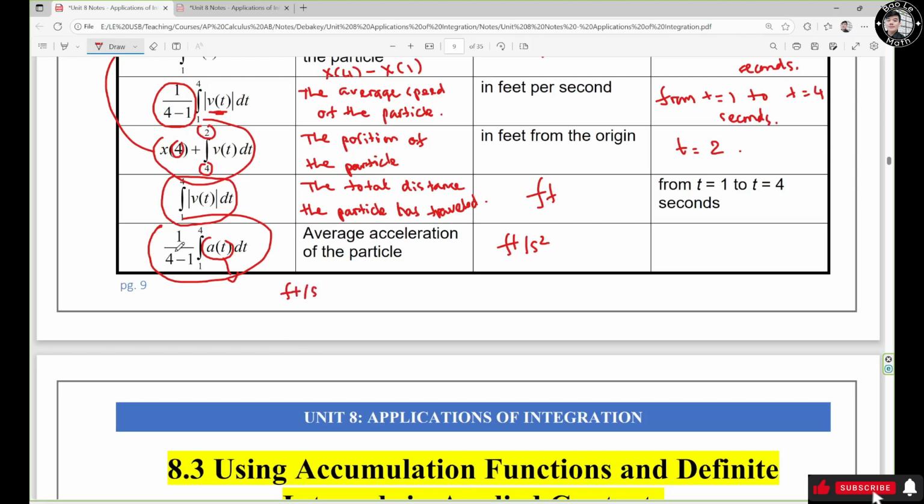And then you divide by time, which means you have feet divided by second times second. It's going to be feet over second squared. That's why you get this one. Now the time should be from t equals 1 to t equals 4. And it's your time to solve.